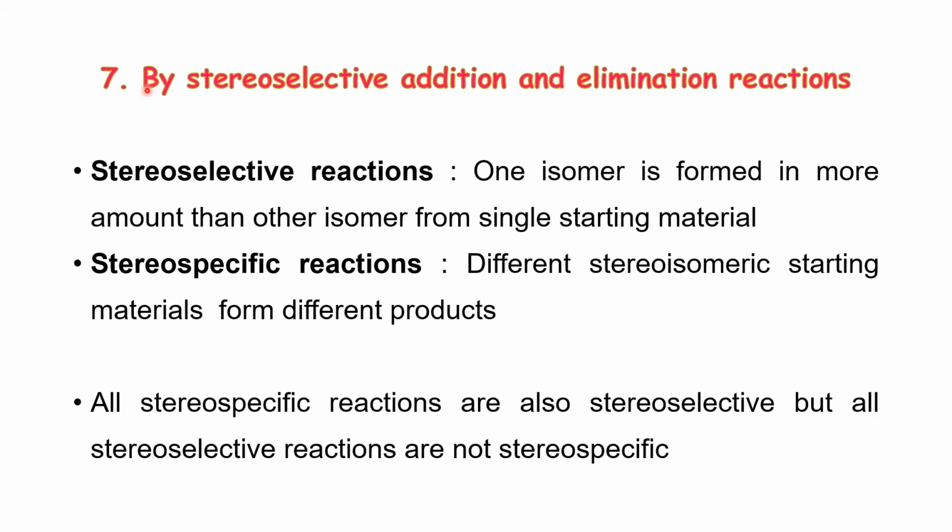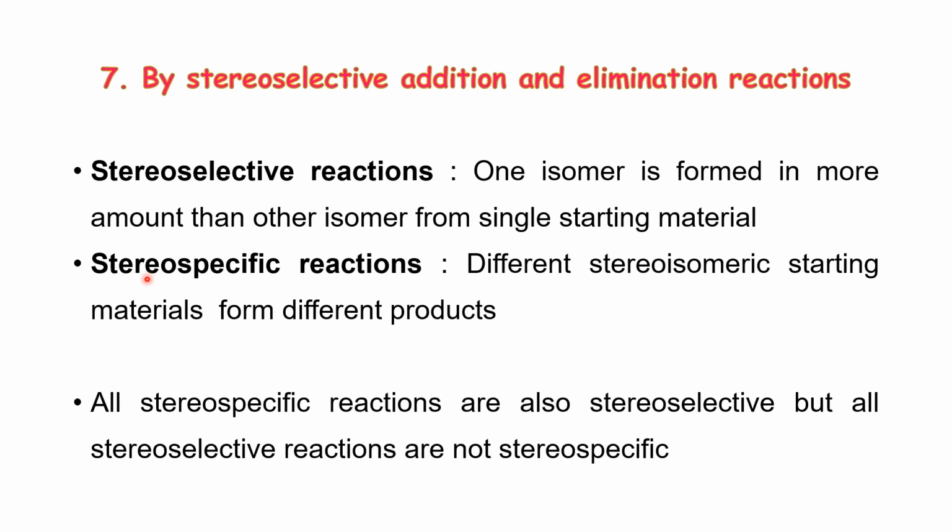This is a general concept applicable to all kinds of isomers in the stereochemistry. So A upon reaction will form B and C. B and C are isomers to each other, and any one of the isomer is formed in more amount than the other. In this reaction, for example, B is formed in more amount than C.